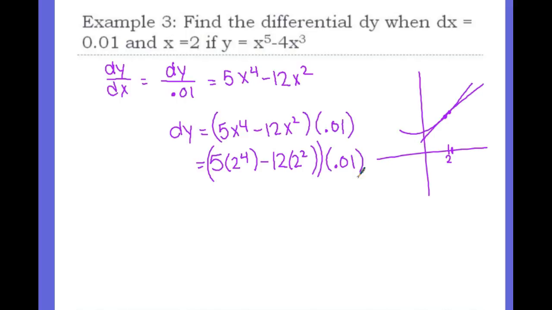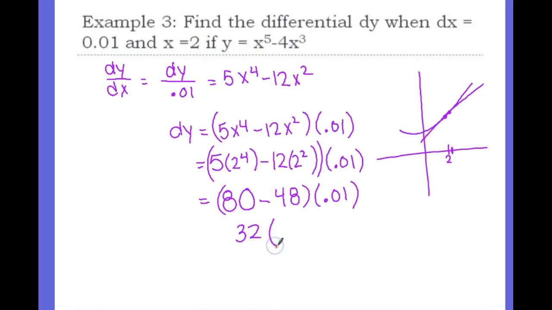So 16 times 5 is 80, minus 2 squared is 4, 4 times 12 is 48. So 80 minus 48 is 32.